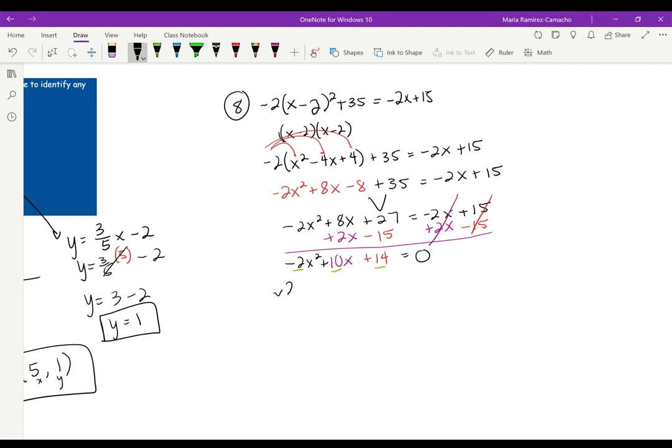So if we factor out a negative 2, negative 2x squared divided by negative 2 is just x squared. 10x divided by negative 2 is negative 5x. And then positive 14 divided by negative 2 is negative 7.